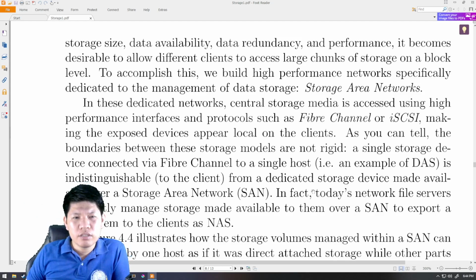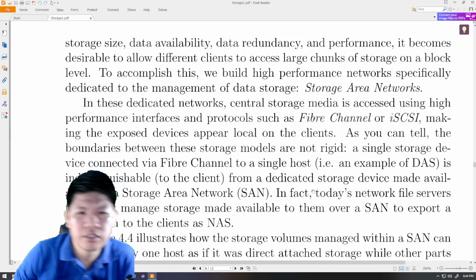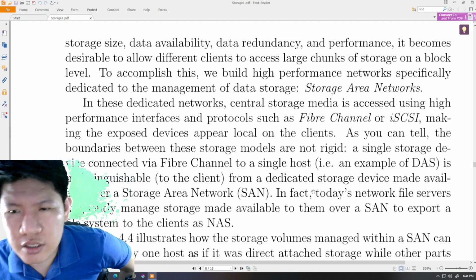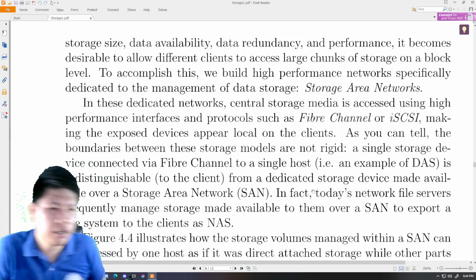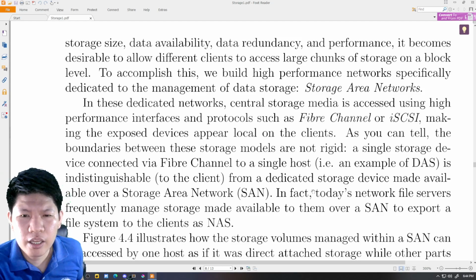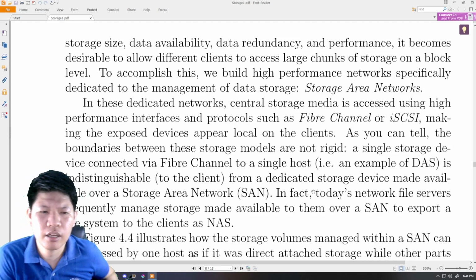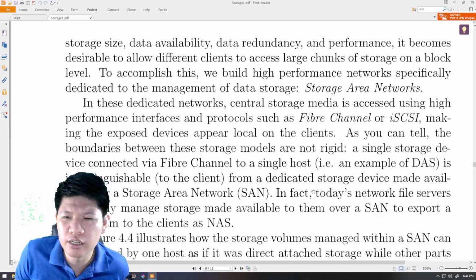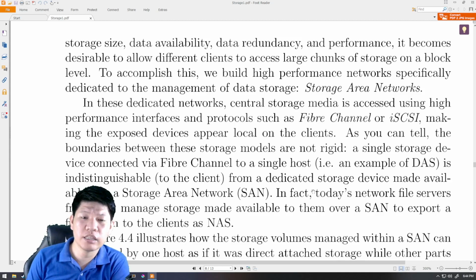Storage size, data availability and redundancy, and performance. It becomes desirable for different clients to access a large chunk of storage on a particular block, dedicated to managing data storage for a storage area network. In this dedicated network, central storage media is accessed using high performance interfaces.